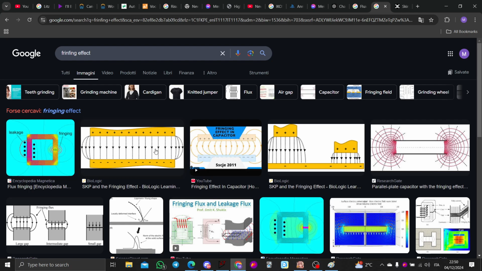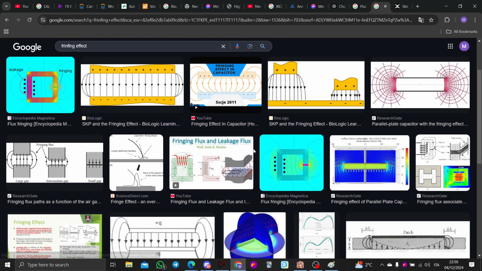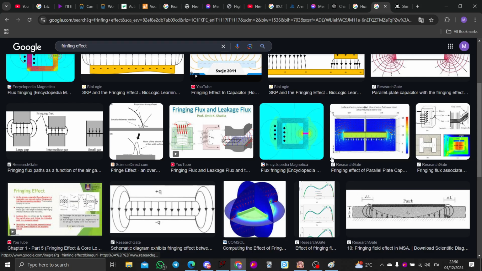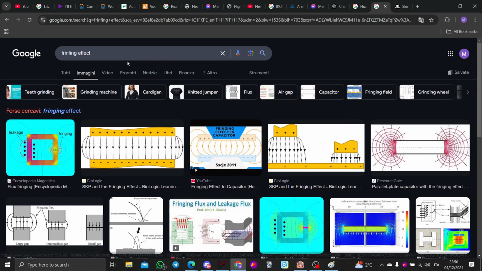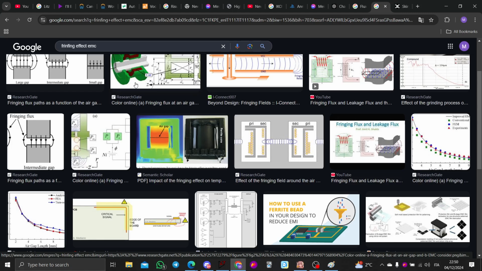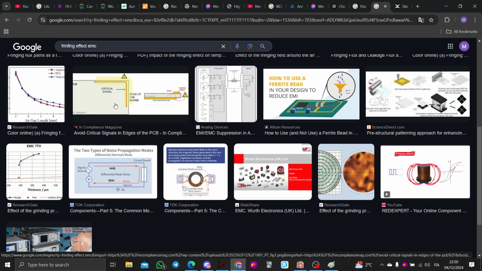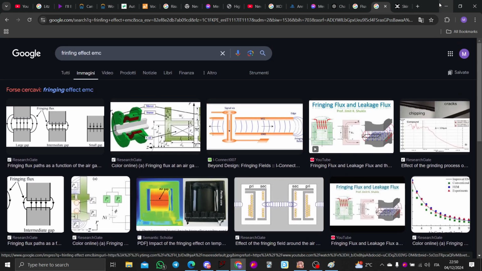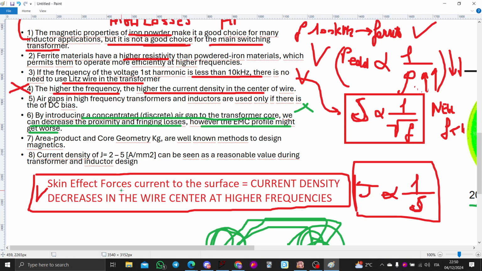You will see exactly what I mean. And I don't know if there is some EMC test, but the air gap creates this fringing effect, which can derange the EMC. So you have to take that into account also. So this is true.